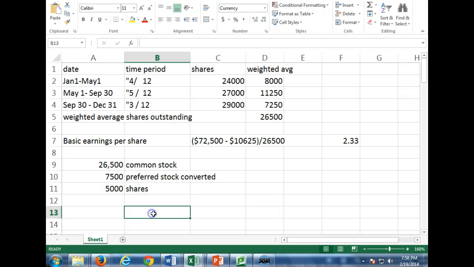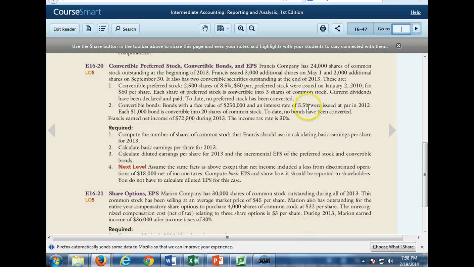So we've got here 72,500 plus, how am I going to figure out 13,750 times 70%? 13,750. What am I missing? 13,750 times 70%.